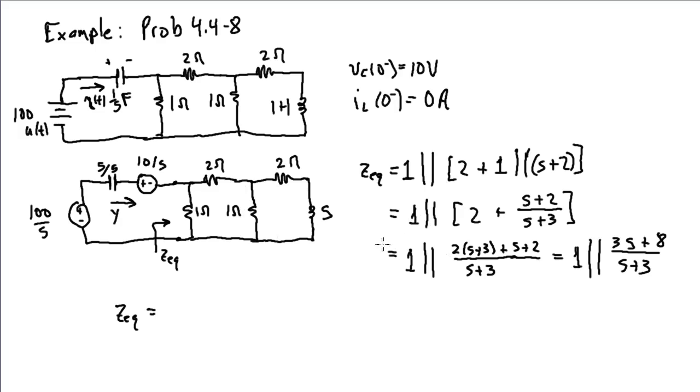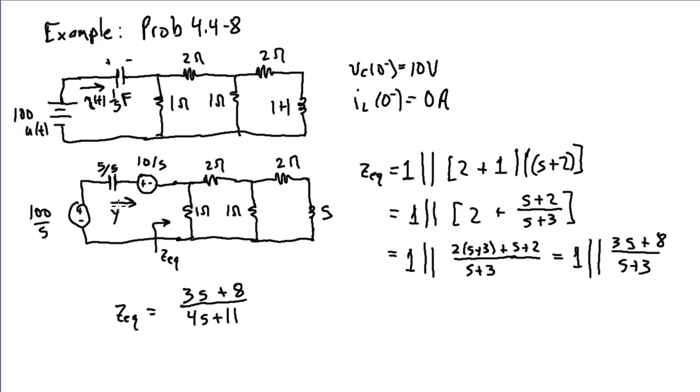You can do product over sum here and then do a little algebraic simplification, and the result for the equivalent impedance is 3s plus 8 over 4s plus 11.